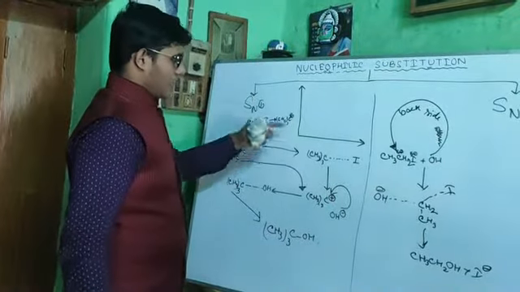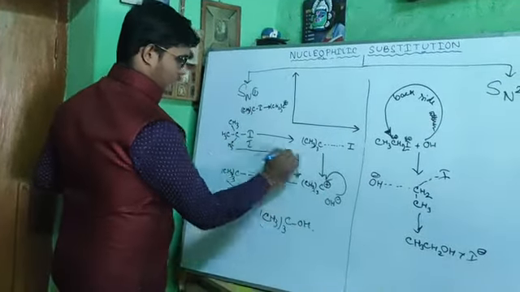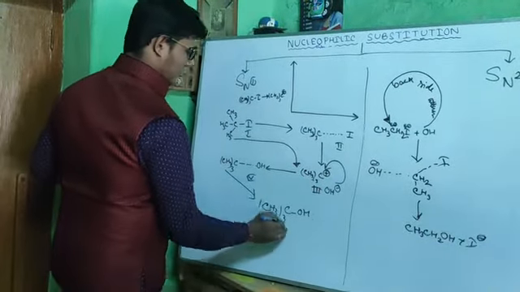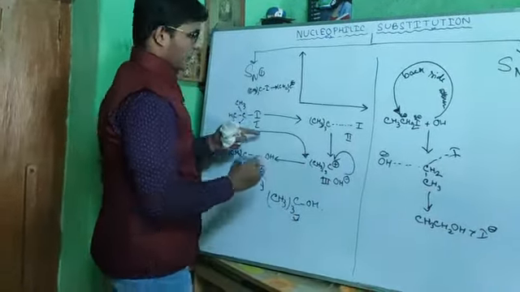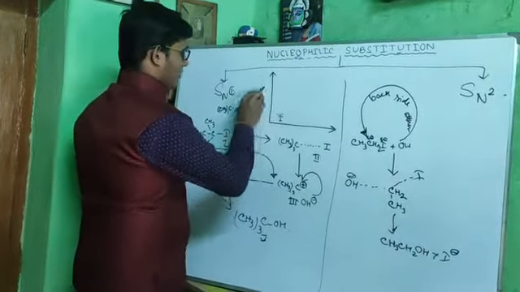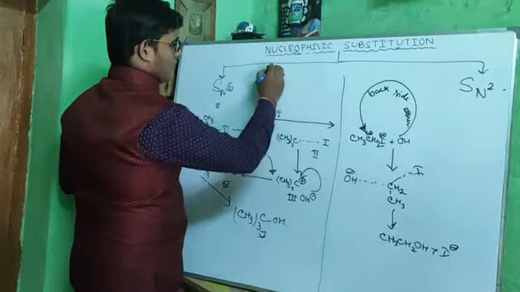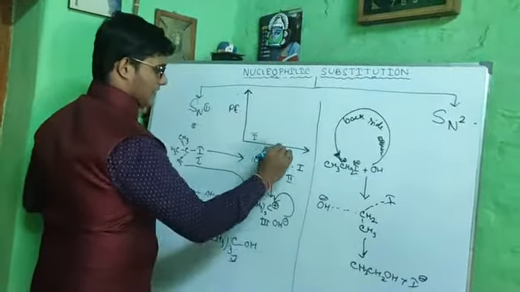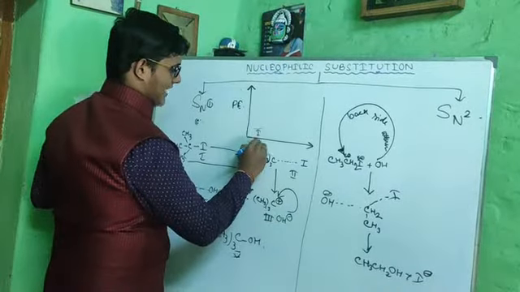So if we go for the energy profile diagram, I will mark as 1 2 3 4 and this 5. So starting from the 1, this is the reactant. Okay, let me tell. Through the y-axis, I am plotting the potential energy, and in the x-axis, I am plotting the reaction coordinate.